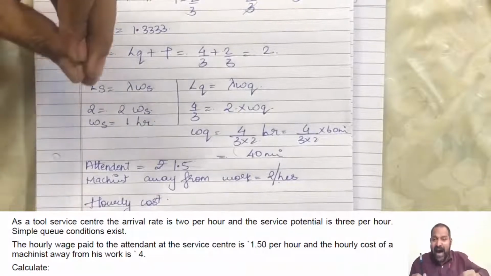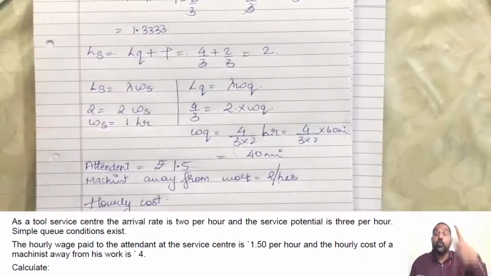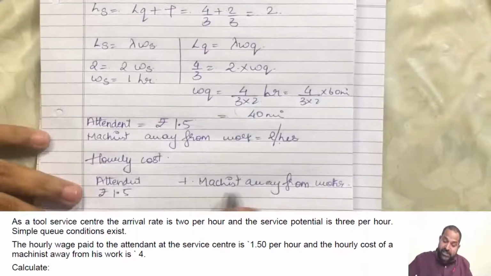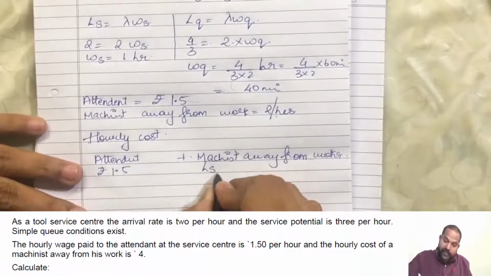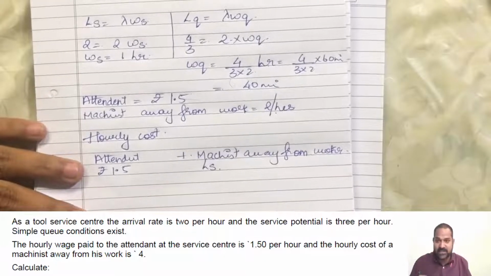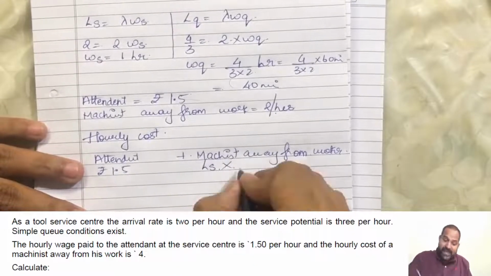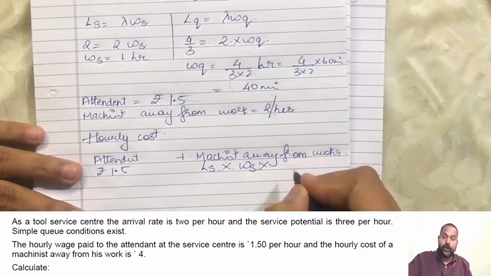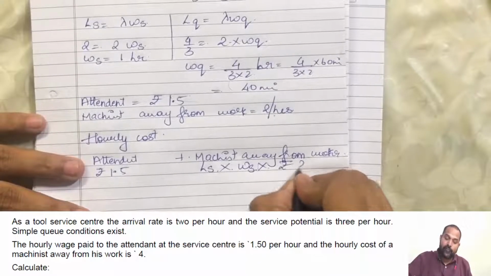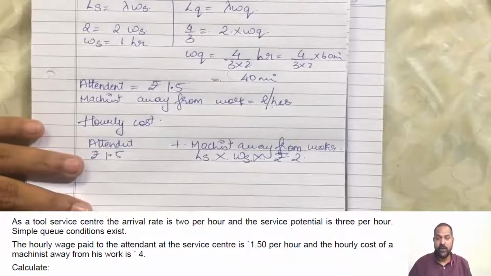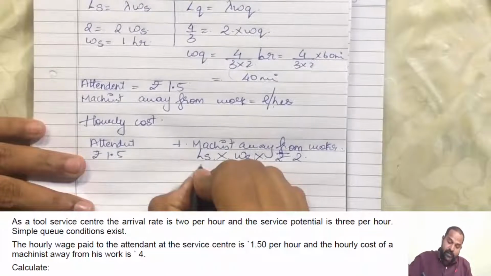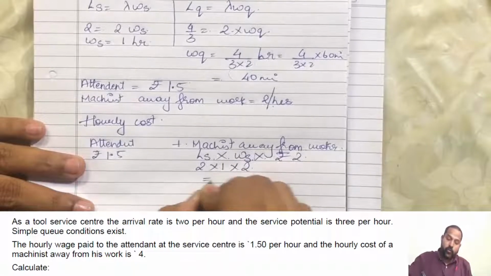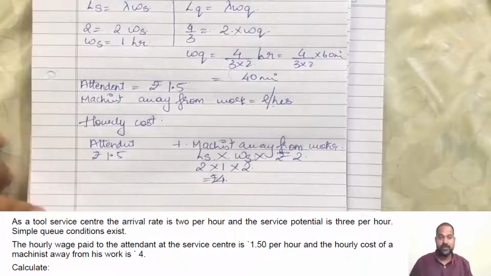So every hour I am losing 2 hours worth of machinists. So machinists away from work is the number of machinists stuck in the system into the average time that they waste in that system into the cost that I have to pay them, which is 2 rupees. So every hour I waste 2 machinists wasting 1 hour each for 2 rupees is a total of 4 rupees.